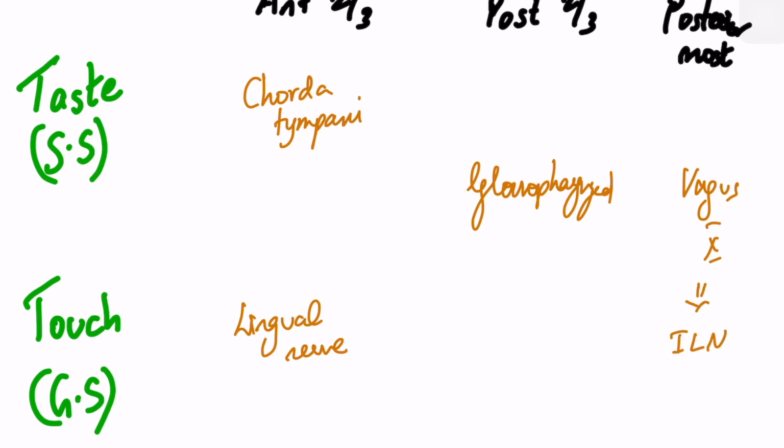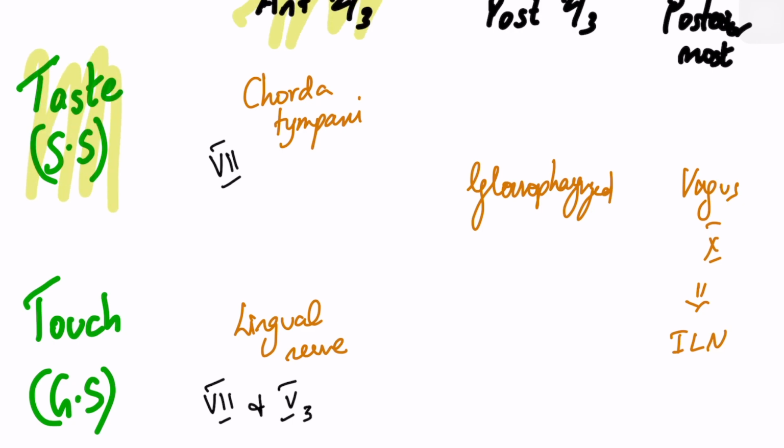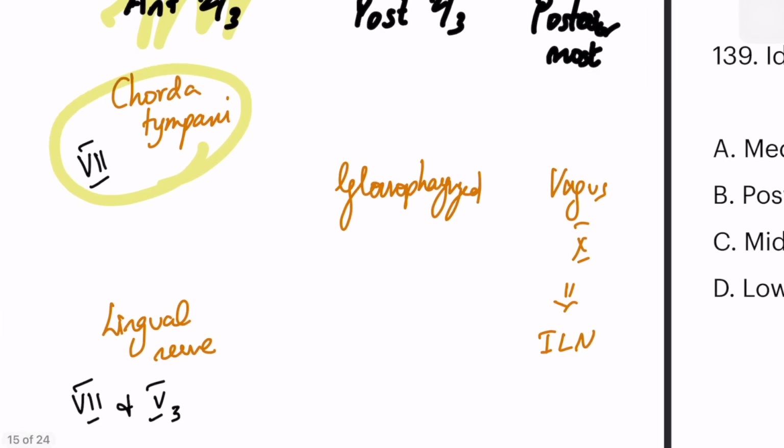Okay, this is same for both taste and touch, these two. But here there is a difference. Taste is supplied by chorda tympani, which is a branch of cranial nerve 7. Here cranial nerve 7 and 5, mandibular nerve to be exact. Okay, so here the question asked was taste sensation anterior two-third, so the answer would be chorda tympani.